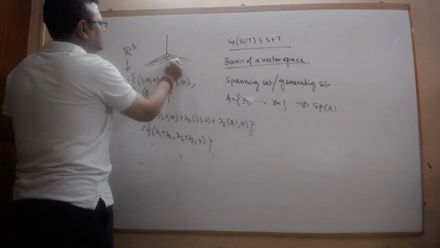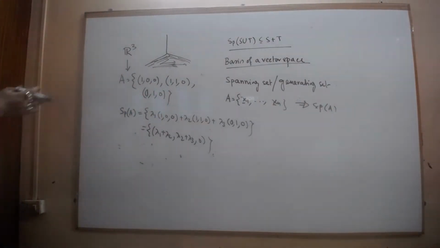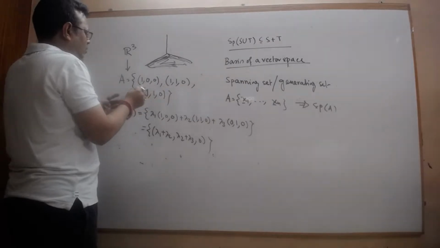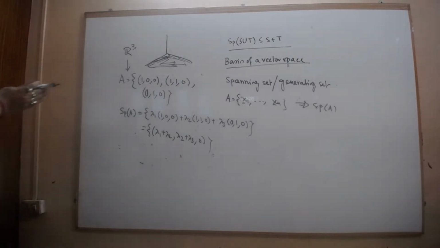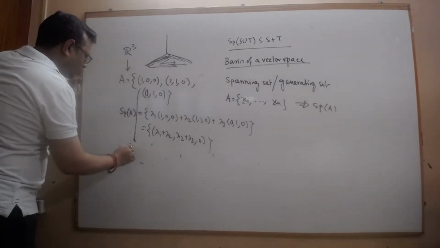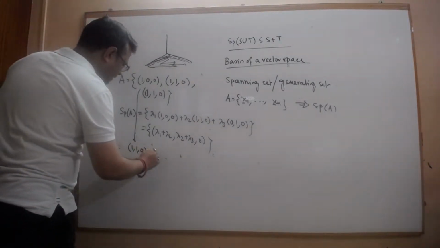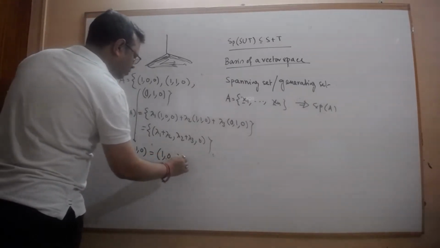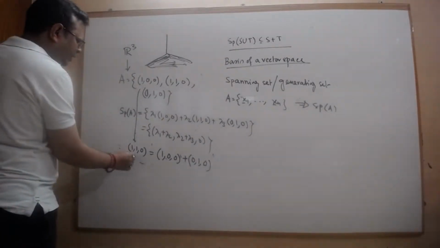All the elements lie on this surface. So this is the span. My question is, for generating this vector space, do we need these three elements or fewer vectors? If we check, 1, 1, 0 is nothing but a linear combination of these two vectors. So this is a dependent vector.